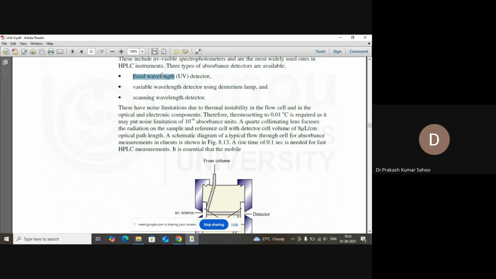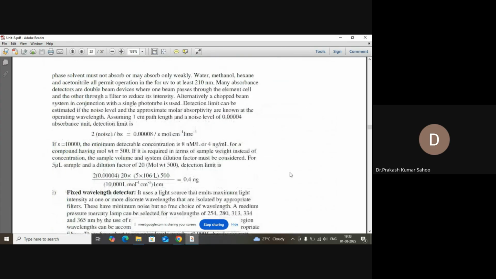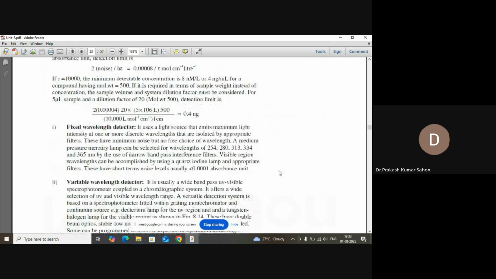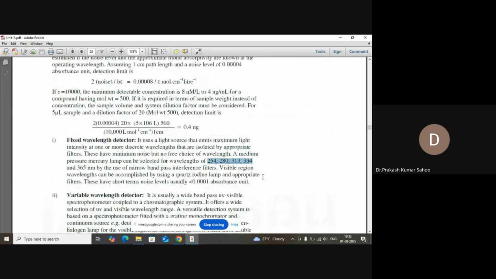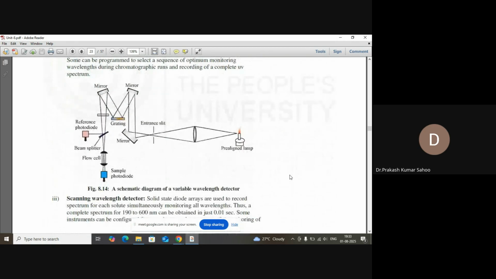It has a fixed wavelength, variable wavelength detector, and scanning wavelength detector. Then fixed wavelength detector, where the wavelength gets fixed, like 254, 280, 313, 354, or 365 nanometer. In variable detector, the wavelength gets varied.